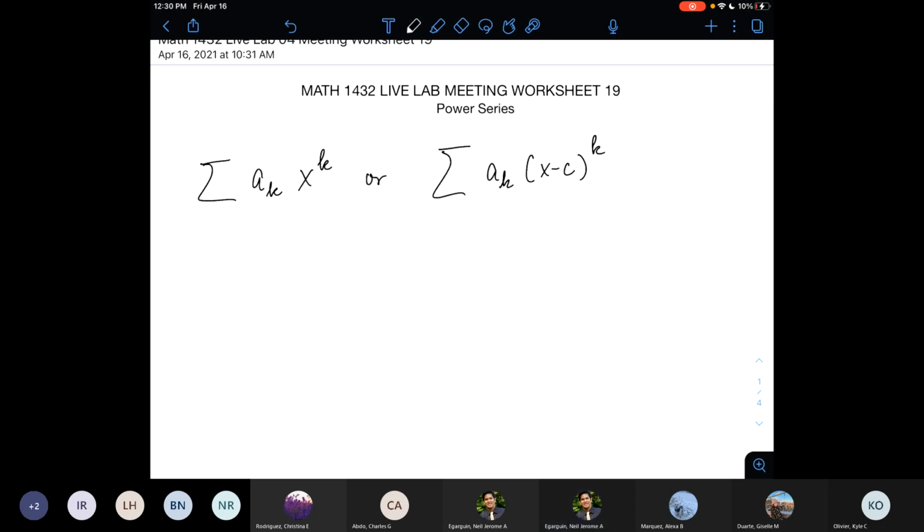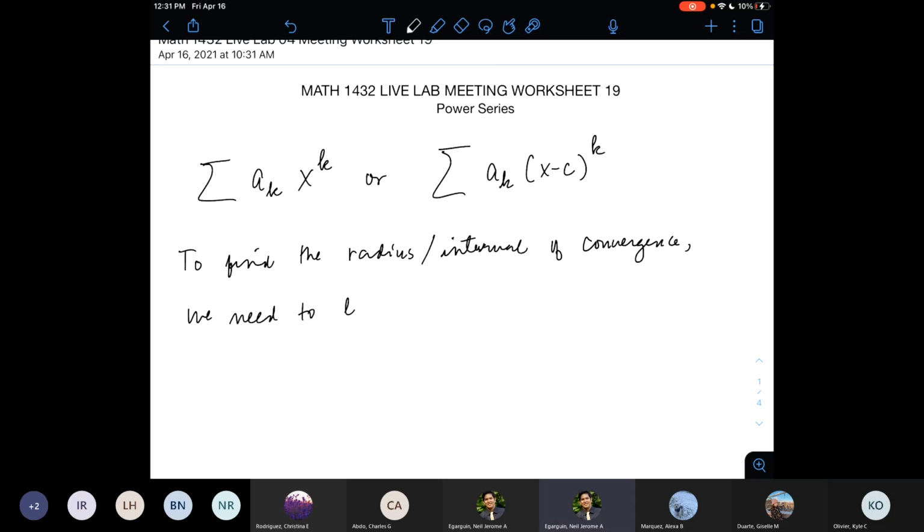So to find the radius of convergence, or the interval of convergence, we need to look for all x's for which the series converges.